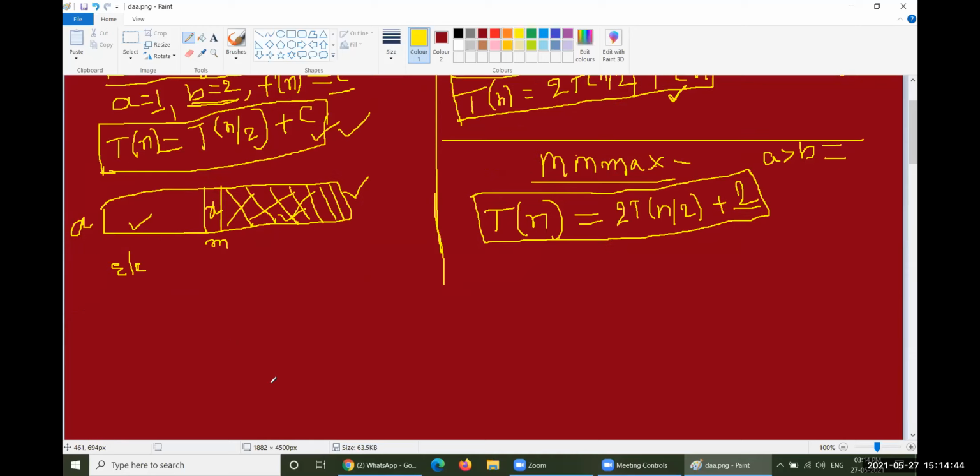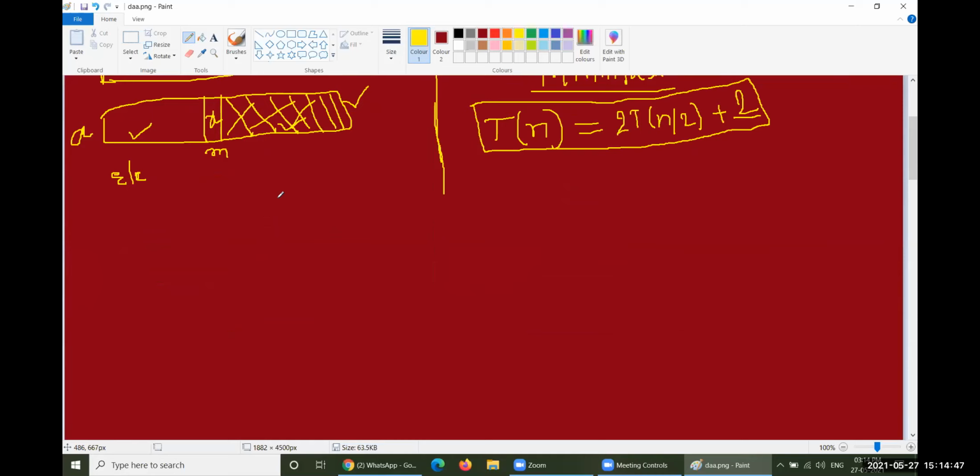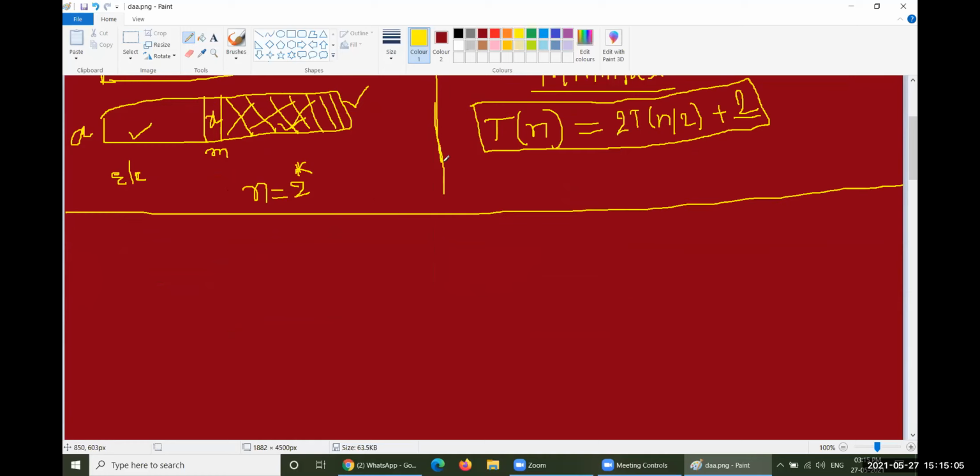Out of all these, you need to remember that divide and conquer always takes one primitive: n equals 2 power k. After k recursive calls, the small of p will be satisfied if you operate them in 2 power k.